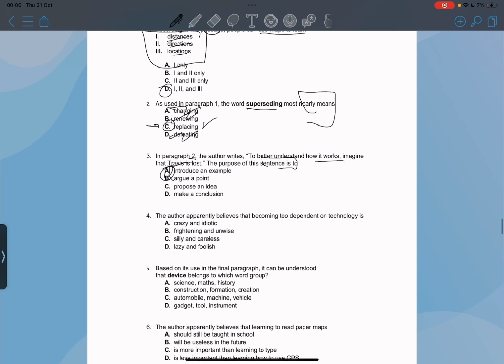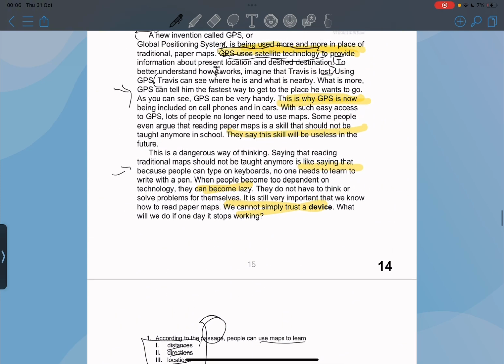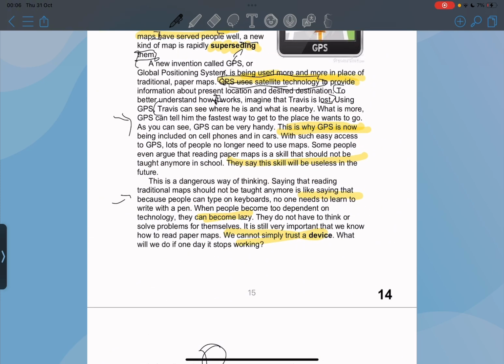Okay, question 4. The author apparently believes that becoming too dependent on technology is what? So if we look up here in the passage again, this is a dangerous way of thinking, saying that reading traditional maps should not be taught anymore.